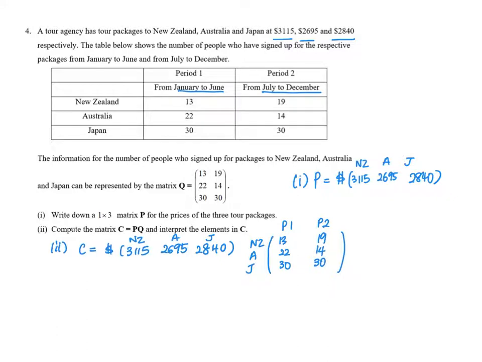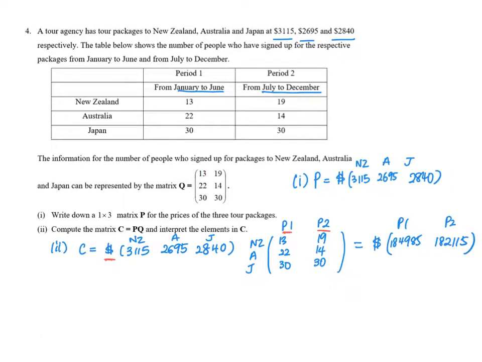So if you take the price times the different quantity, we will end up with the total earnings. Taking the rows over here, the row will be earnings, and the column will be for period 1 and period 2 respectively. Let's see how much they earned.